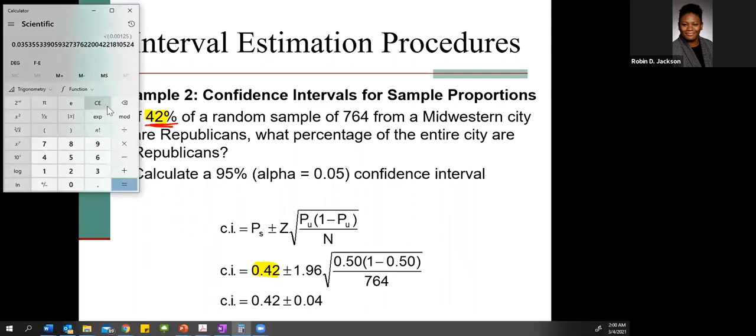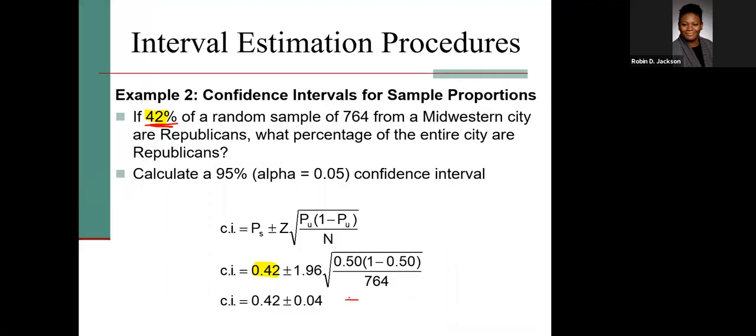All right, so for this one, 0.42, because we still have it in proportion, 0.42 minus 0.04. So our first number is going to be, so what I'm going to do is this right here. I'm going to come up here with it. I'm going to do an arrow so you can see what I am referring to.